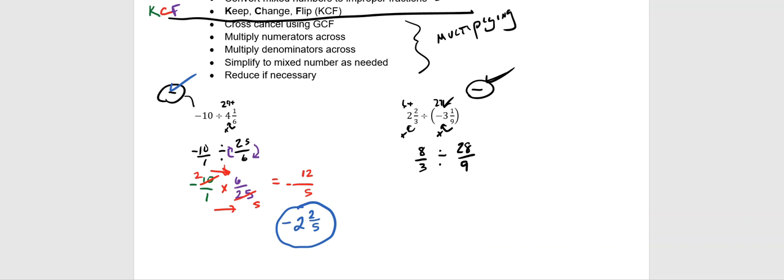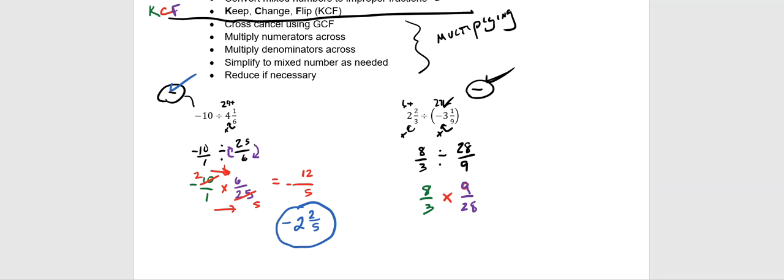And now the key process, the keep, change, flip. So keep your 8/3. Change your division sign to multiplication. And flip your second fraction from 28 over 9 to 9 over 28. And now begin to do your cross canceling.